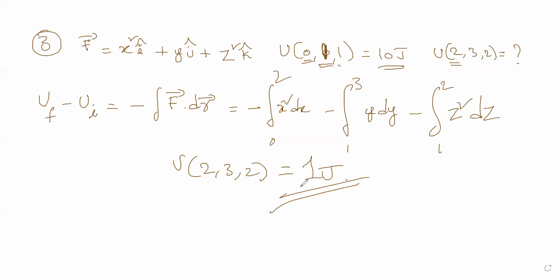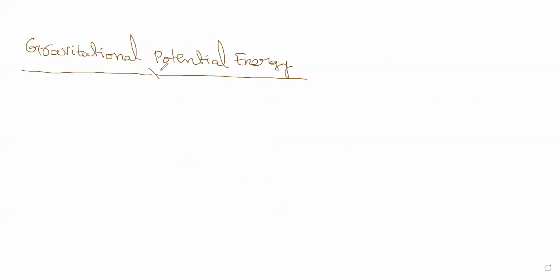Is this clear? First part. Yes, sir. Good. Now there is one more concept, something called gravitational potential energy. We know that the potential energy PE is equal to mgh.